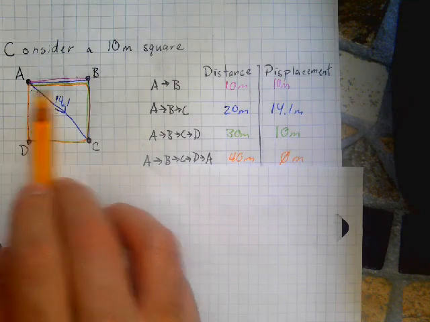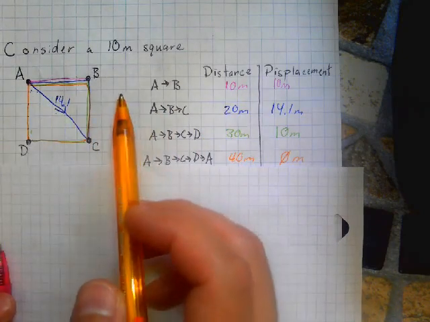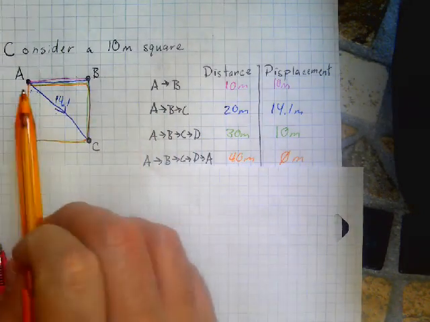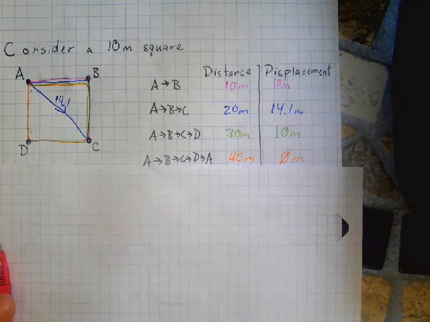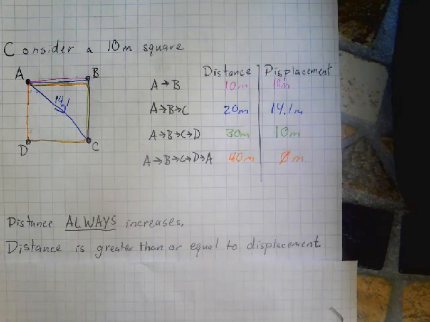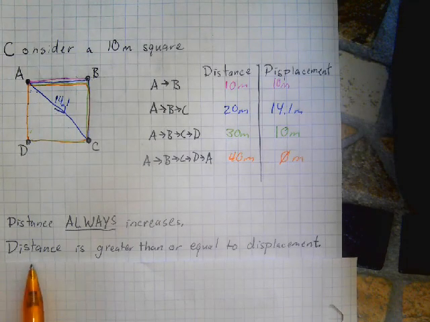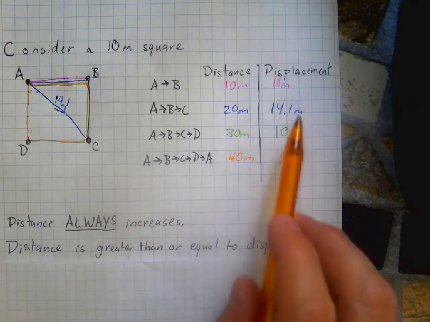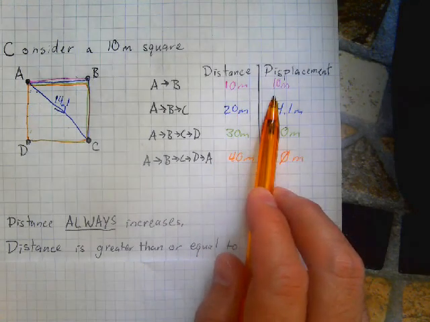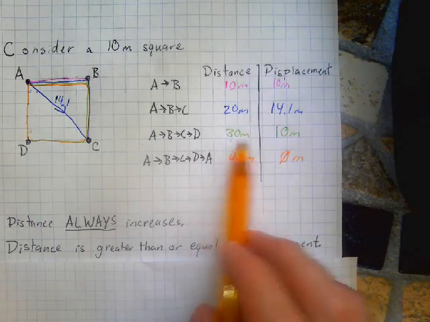If you weren't paying attention and you missed the fact that it was moving, you turned away for a second because your kid was screaming, then you came back, you would say it didn't move at all. Now, distance always increases. So since distance always increases, that means distance is always going to be greater than or equal to the displacement. If I travel in a straight line, it'll be equal to it. If I deviate at all from that straight line, the distance is always bigger.